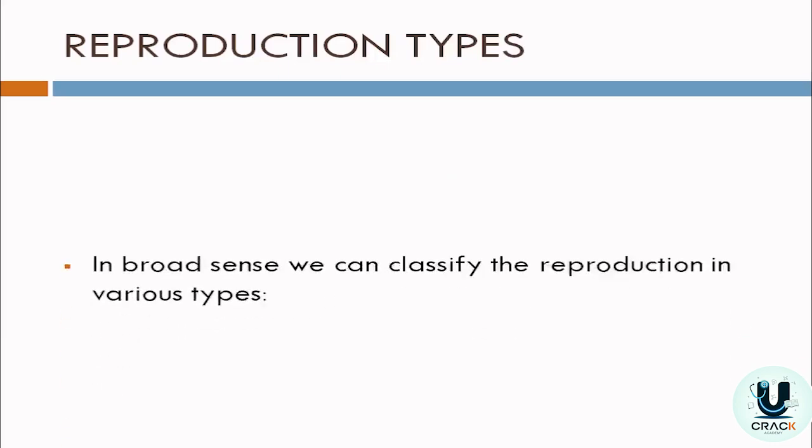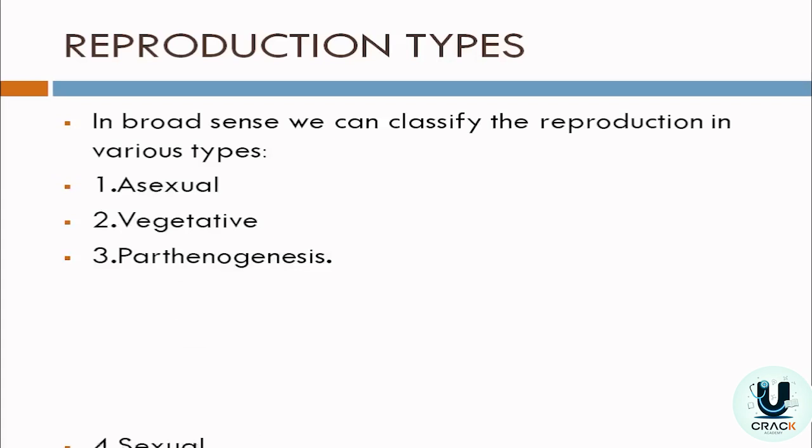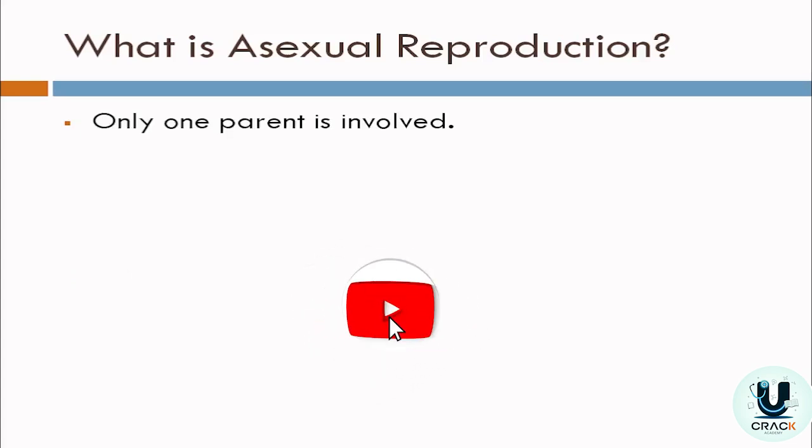Reproduction types. In a broad sense, we can classify reproduction into various types: asexual, vegetative, parthenogenesis, sexual. What is asexual reproduction? Only one parent is involved.